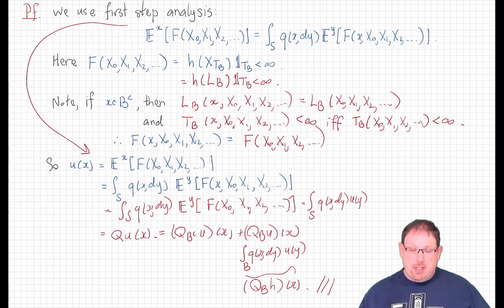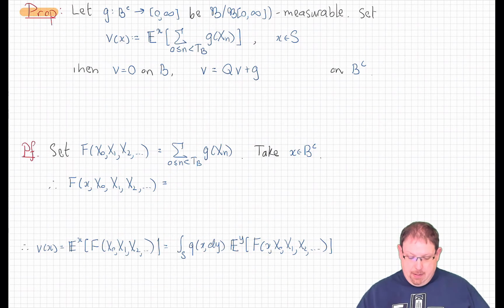We can do a very similar first step analysis to handle computations of the second kind that we did. If g is a non-negative function defined actually only on B complement, because we're never going to use its value on B, since when we enter B we'll stop the sum.